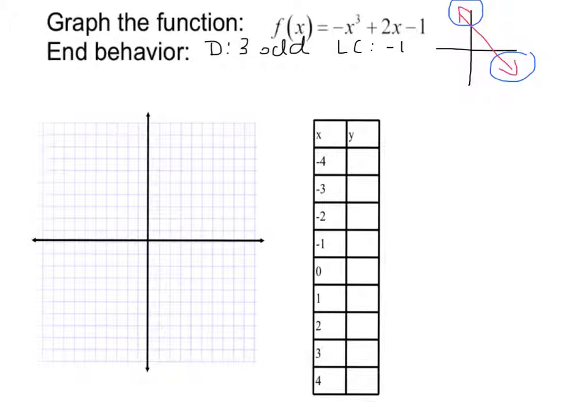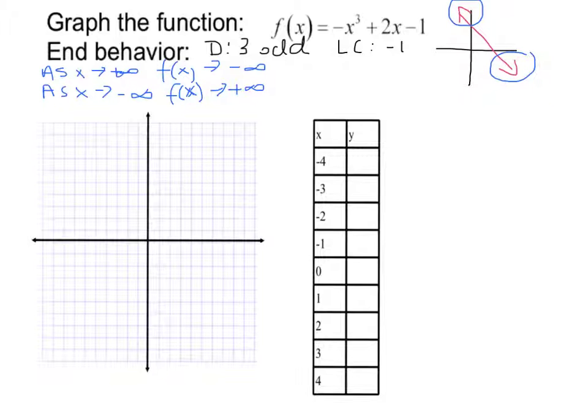So when I look at the end behavior, as x goes to positive infinity, that means I'm going to the right, and f of x goes to negative infinity. And as x goes to negative infinity, f of x will go to positive infinity.